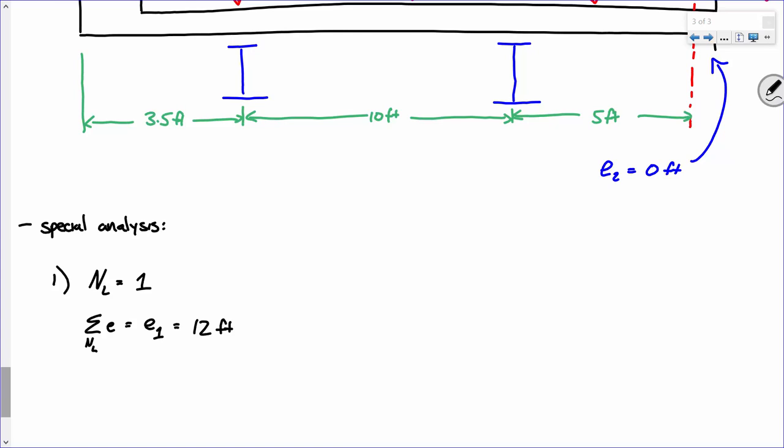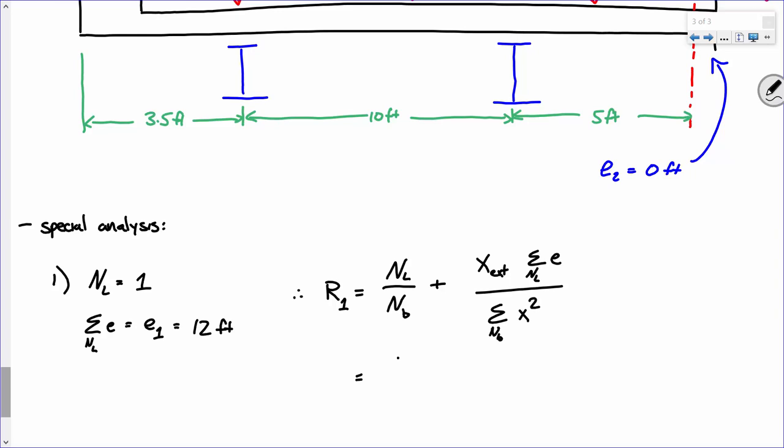So I propose then that special analysis for one lane is going to equal the number of lanes divided by the number of beams, plus x ext times the sum of all my eccentricities divided by the sum of my x squared.